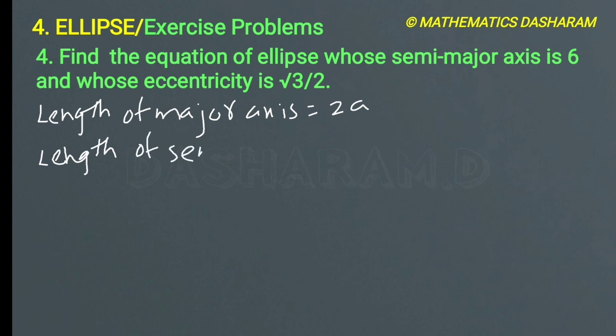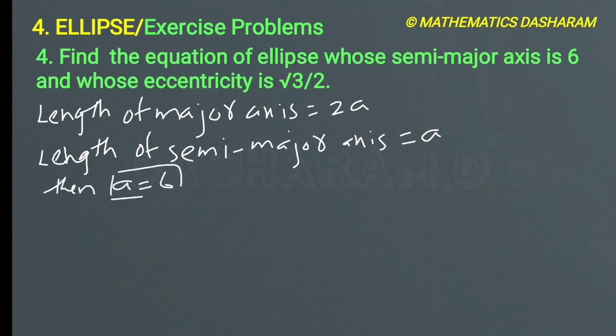So length of semi-major axis, what is the formula? Semi means half of the major axis. So then a is the formula. So what is the a value here? a value is 6. Next, eccentricity, e equals root 3 by 2.